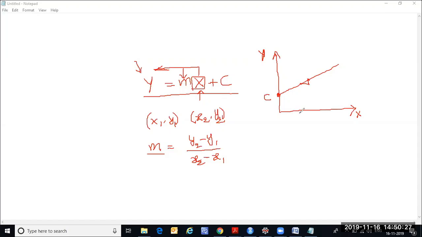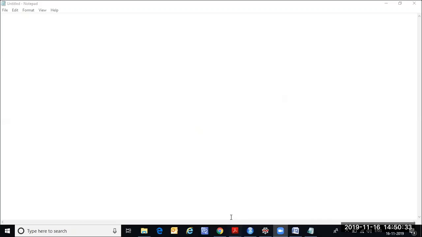So now, in the same line, linear regression, as the name suggests, here we are trying to identify the line, but we will write this a little differently compared to the straight line.